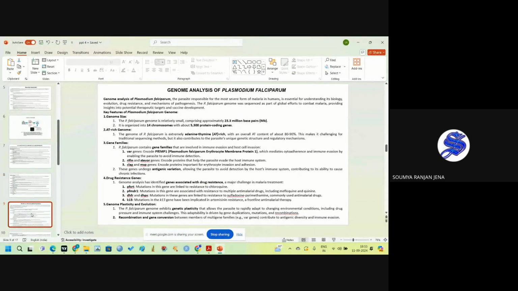Then we go to the next one, which is worldwide affected by Plasmodium falciparum. This genome has also been analyzed.